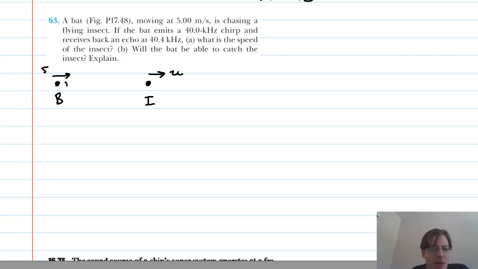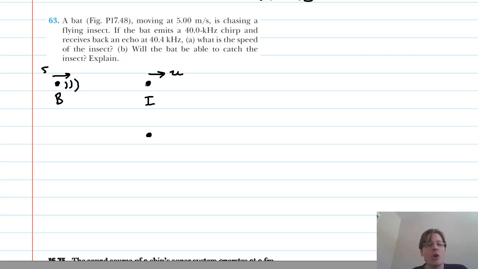The bat emits the chirp. Now it's moving when it's emitting the sound, so there's a shift. Then the sound reflects off the insect, and the bat picks up the echo, call it echolocation. What you have to be super careful about is that in the reflection, there is an additional Doppler shift.